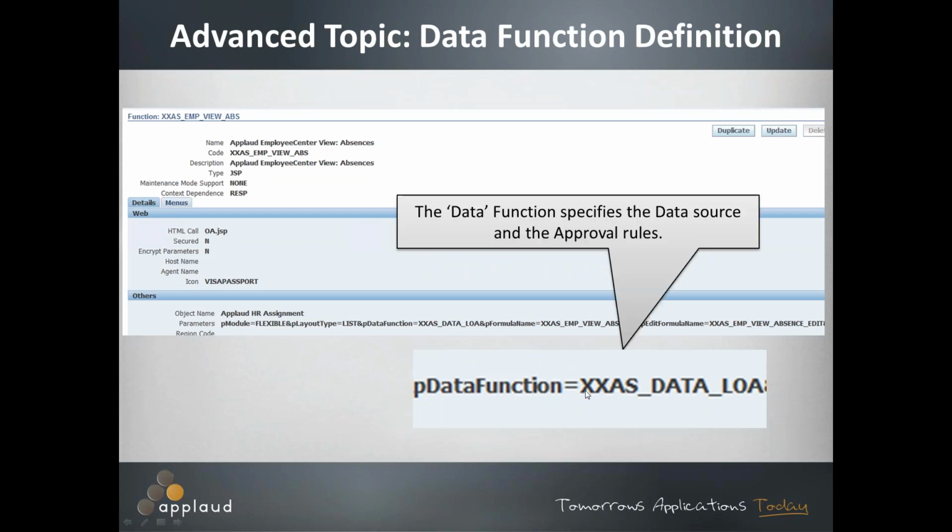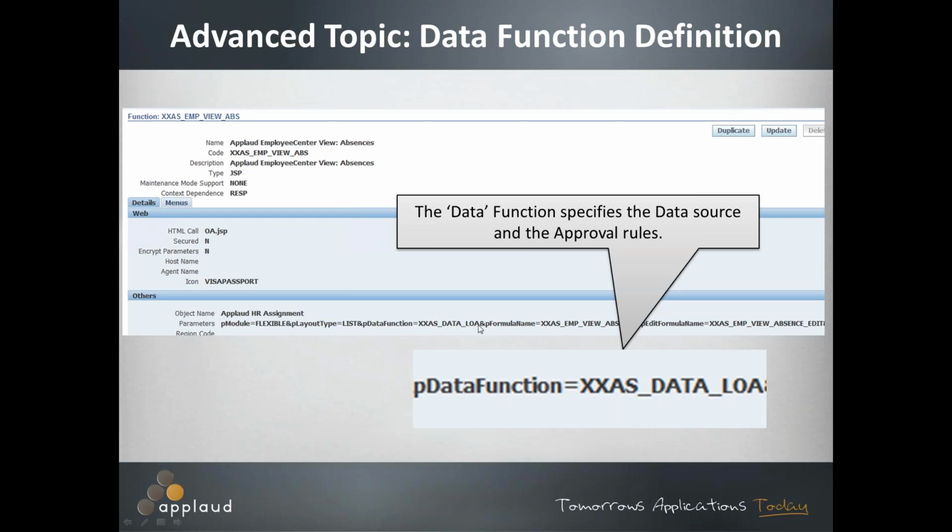In here, we've got something called xxx as data LOA. What that is doing is pointing to another function, effectively another menu function, with that name. And that we call the data function. What that specifies, amongst other things, are the approval rules that are going to be called when you press save.